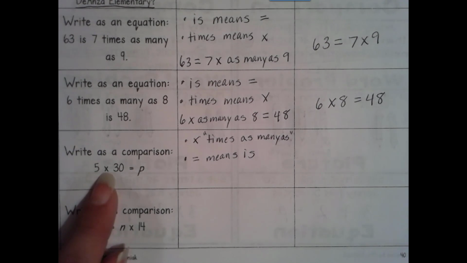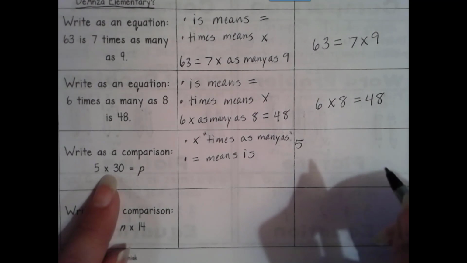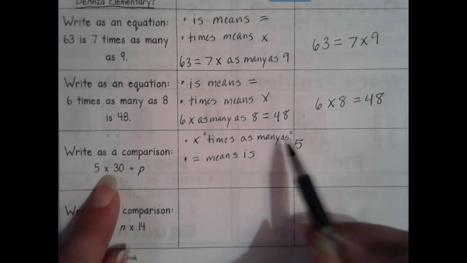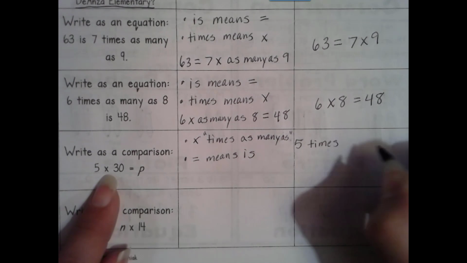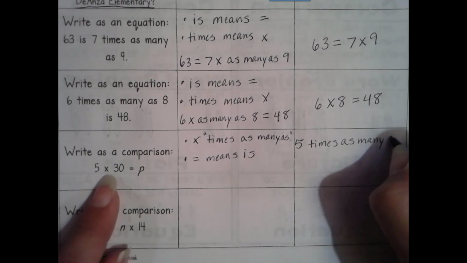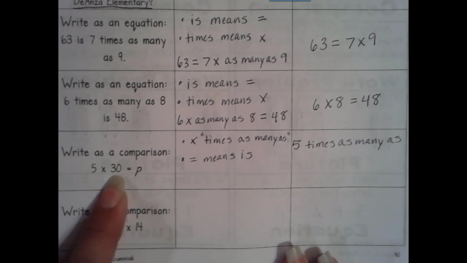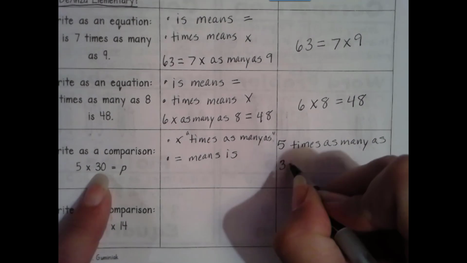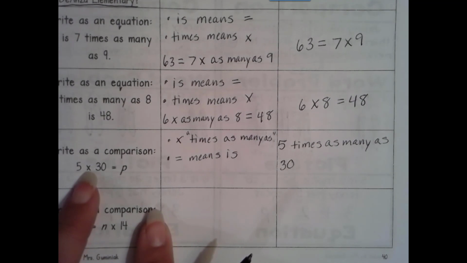So I'm going to say 5, then this X is this phrase here, times as many as, here we have 30. So far, all I've done is put this symbol into words, 5 times as many as 30.